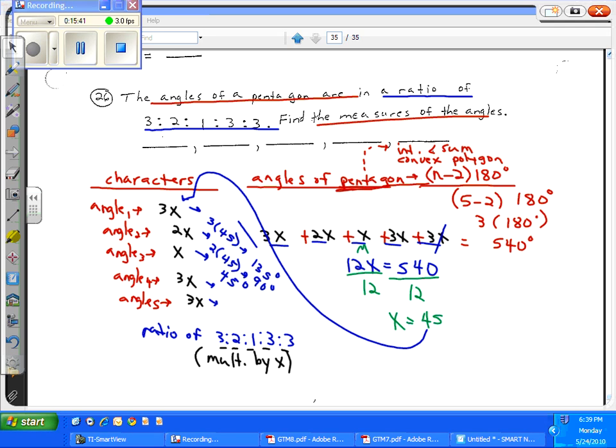And the next two are 3x again, which would have to turn out to 135 degrees again. So the angles are 135, 90, 45, 135, and 135.